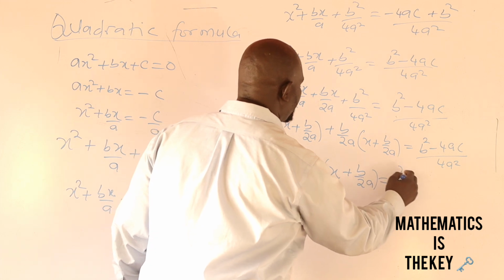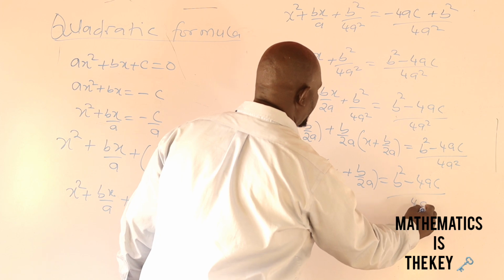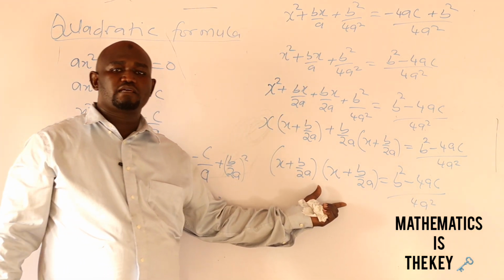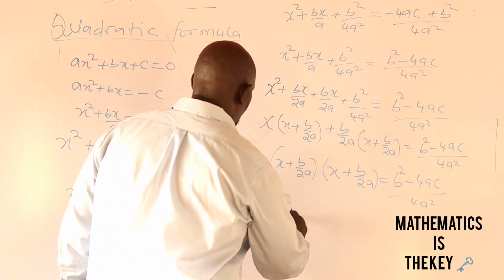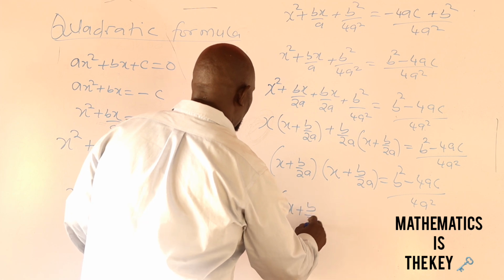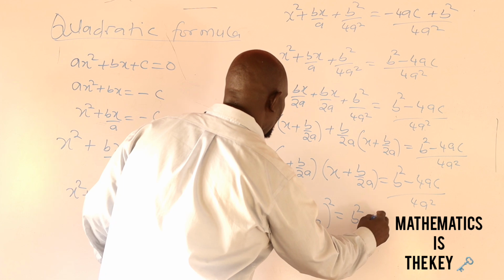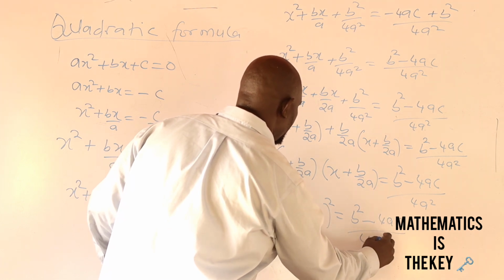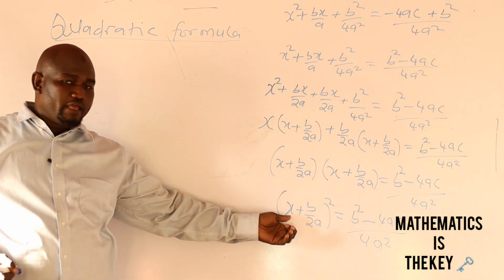And everything equals b squared minus 4ac all over 4a squared. The values in these two brackets are the same, so we take them as a square. So we will have x plus b all over 2a all squared is equal to b squared minus 4ac all over 4a squared. Our aim is to find x.